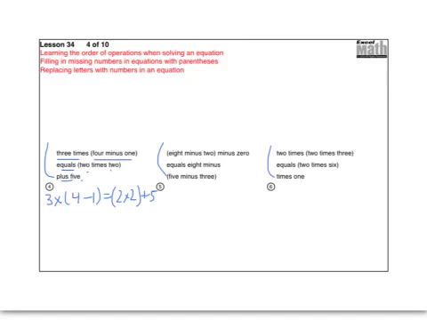And on this one, I want you to leave this one as a blank. 2 times, so don't put a 2 in there, just put a blank times 2 times 3 equals 2 times 6 times 1. All right, and you should have written this, blank times, in parentheses, 2 times 3 equals, parentheses, 2 times 6 times 1.